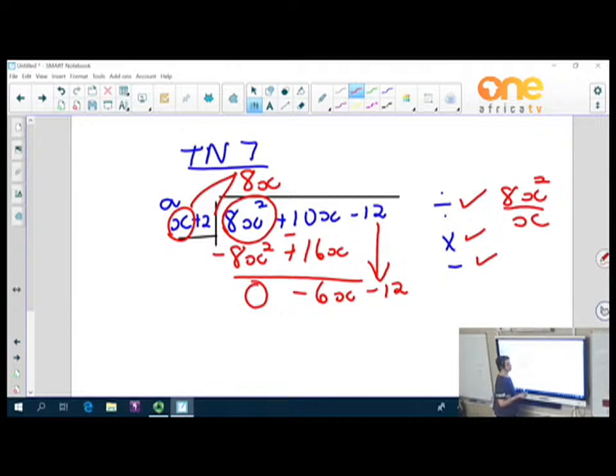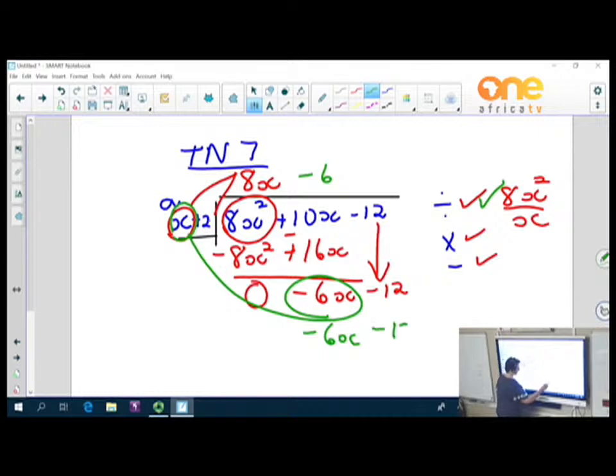So now we're going to do exactly the same thing. How many times will x now divide into this one? Negative 6 times. So I've divided. Multiply. Negative 6x. Remember to multiply with the second one, minus 12. And now I want to subtract.